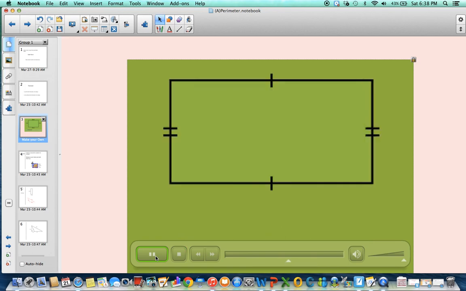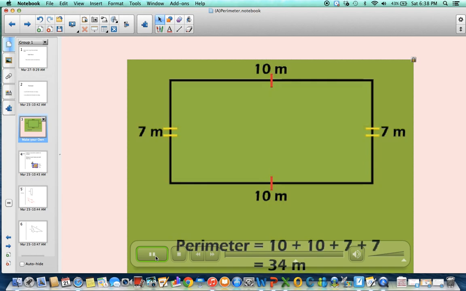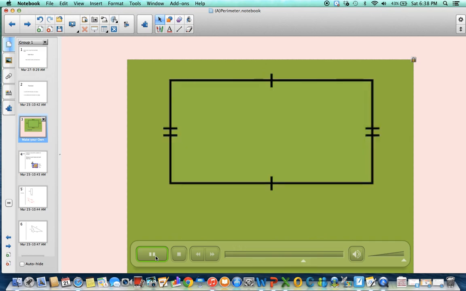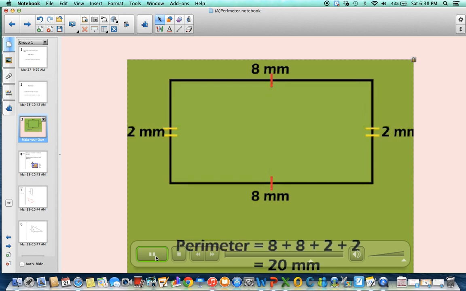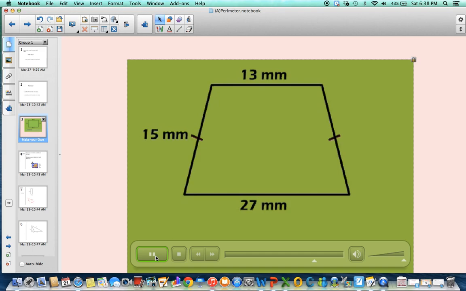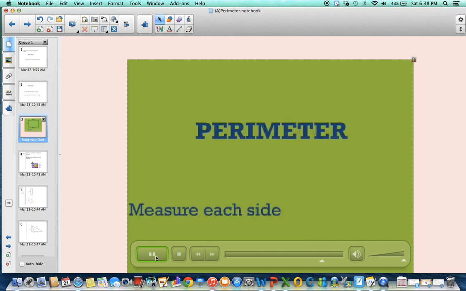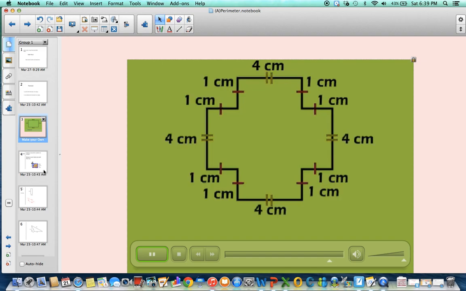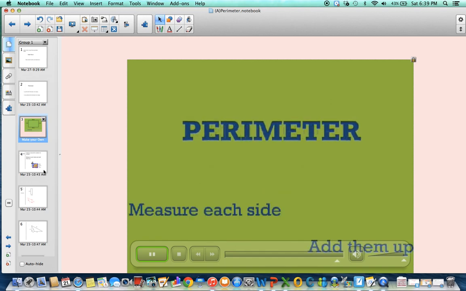Write them down, add them up, and what do you find? Perimeter. That's perimeter, perimeter, perimeter. That's perimeter. With perimeter, you have to measure each side one at a time. Write them down, add them up, and what do you find? Perimeter. That's perimeter, perimeter, perimeter. That's perimeter. With perimeter, you have to measure each side, add them up, and we find perimeter, perimeter. That's perimeter, perimeter, perimeter. That's perimeter. With perimeter, you have to measure each side, add them up, and we find perimeter, perimeter. That's perimeter, perimeter, perimeter. That's perimeter.